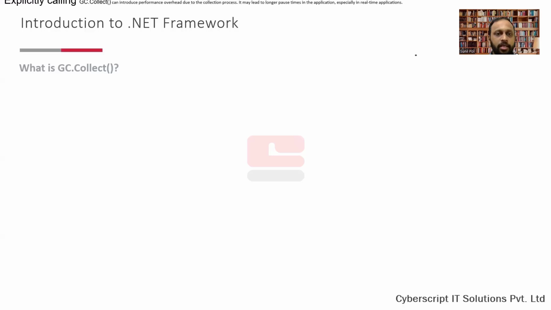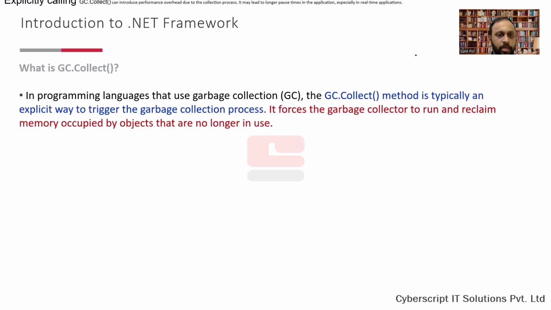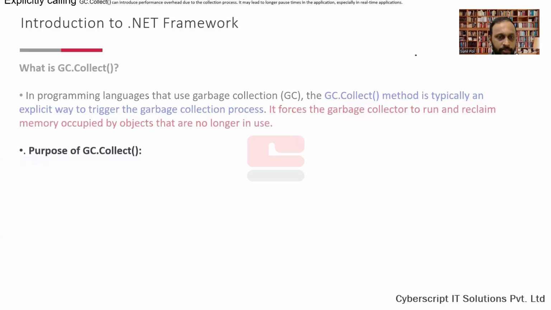In that case, he will call the gc.collect method. In programming languages that use garbage collection, the gc.collect method is typically an explicit way to trigger the garbage collection process. It forces the garbage collector to run and reclaim memory occupied by objects that are no longer in use.